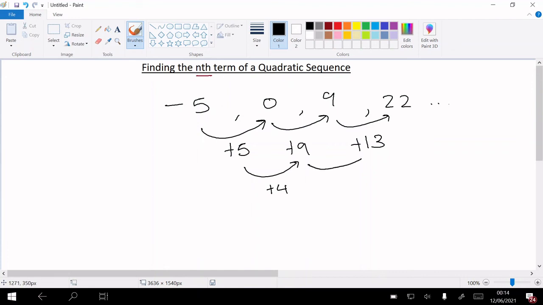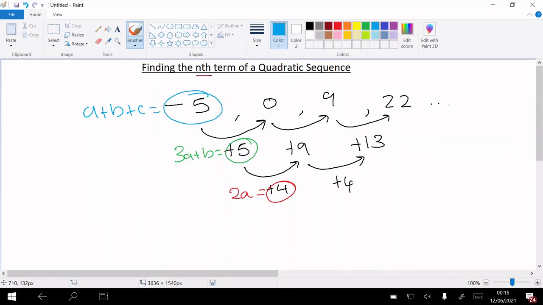Then the second difference: +4, +4. Before you do anything, that's your first step: find the first difference and the second difference. Now, if you remember back, 2a is equal to 4, 3a plus b is equal to +5, and a plus b plus c is equal to -5. So you have 3 equations to solve.